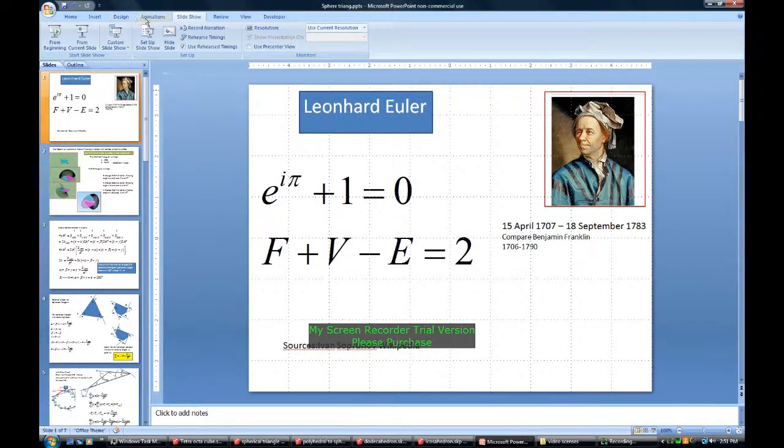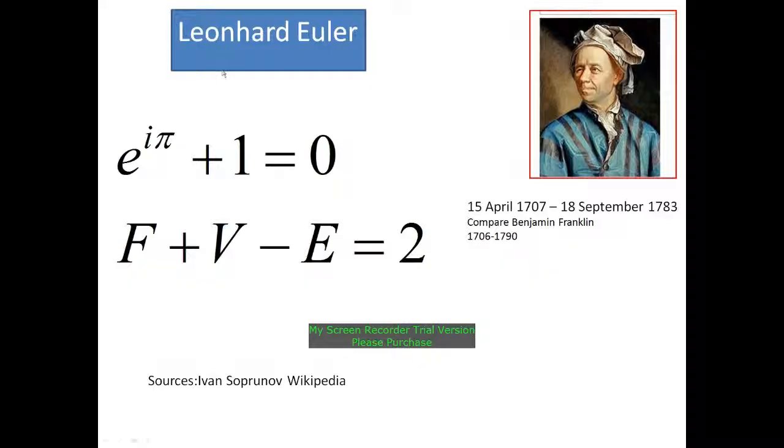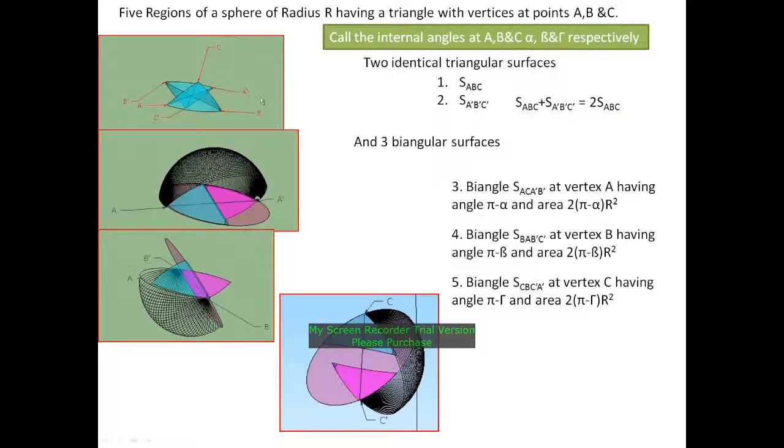All right, let's go back to Euler for a second here. There he is. So basically, we showed that we can cover the entire sphere with 5 regions defined by any arbitrary triangle ABC. So we'll just use the notation S sub ABC, the area of ABC.